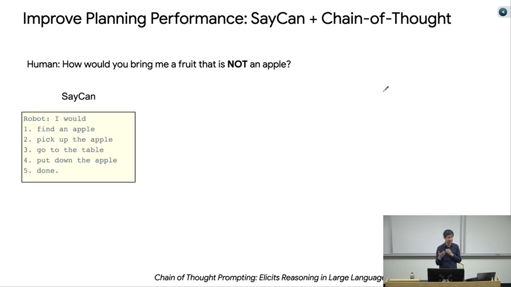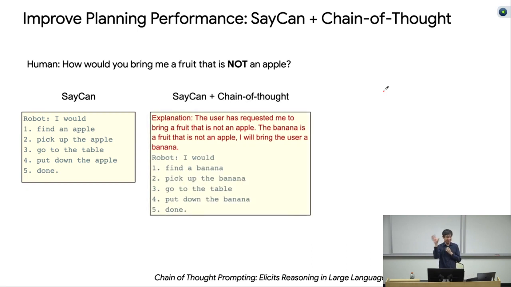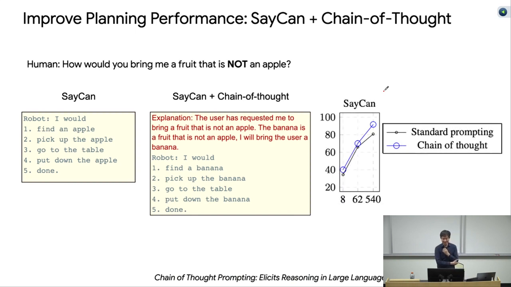But if you prompt it in a way that enables it to reason step by step, that's called chain of thought prompting. It will output some explanation first. It will say, oh, the user has requested me to bring a fruit that is not an apple. Banana is a fruit that is not an apple, so let me bring the user a banana. Then come up with the steps to bring you the banana. Just prompting it in the correct way is going to significantly improve the planning success rate. In addition to that, there are a couple of other papers, I'm not going to dive into details, that significantly improve the planning success rate.